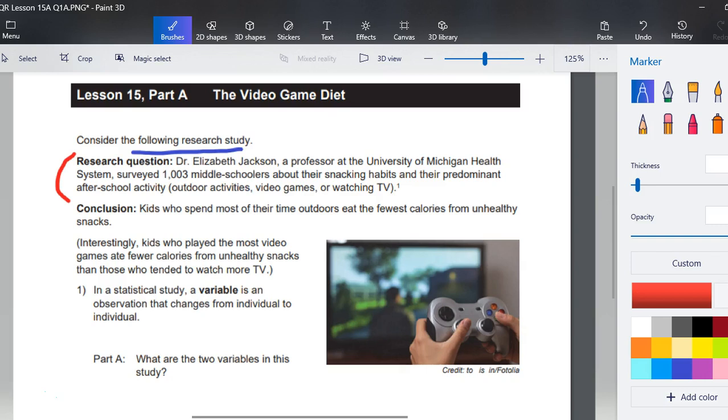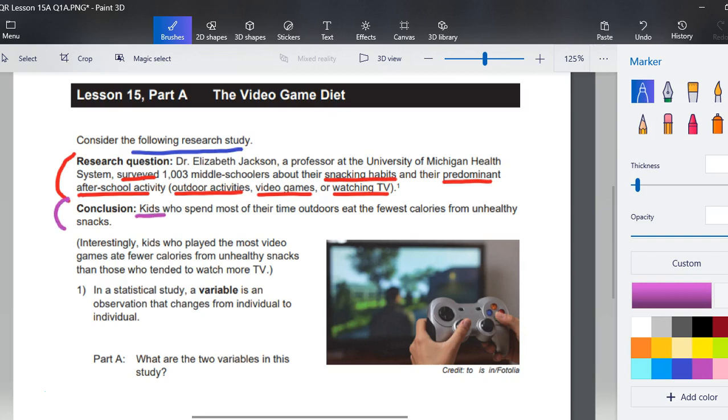Dr. Elizabeth Jackson, a professor at the University of Michigan Health System, surveyed 1,003 middle schoolers about their snacking habits and their predominant after-school activity, including outdoor activities, video games, or watching TV. There was a conclusion.